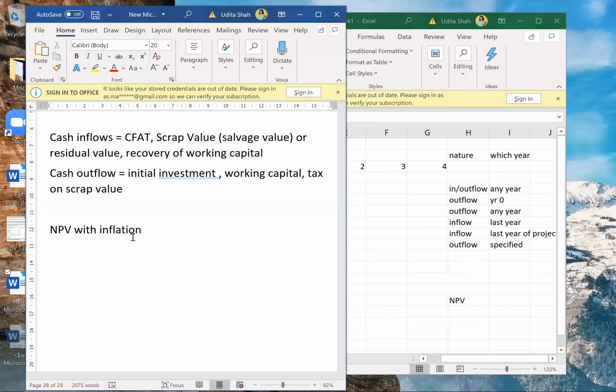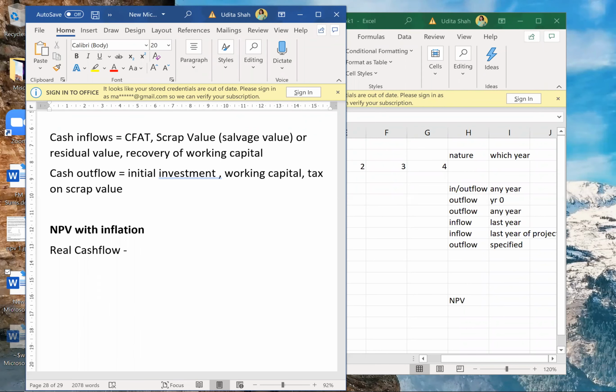So we have to find out new cash flows. Those are called nominal cash flows. Nominal cash flow is cash flow with inflation. Till now, whatever we did was our real cash flow.